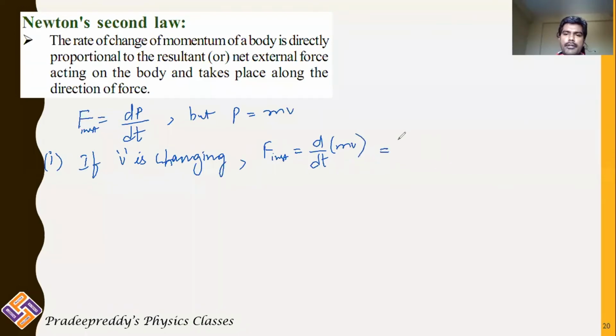Therefore m into dv divided by dt gives you the magnitude of the force. So F can be written as m into dv divided by dt.